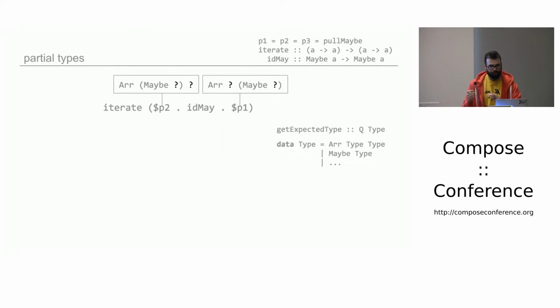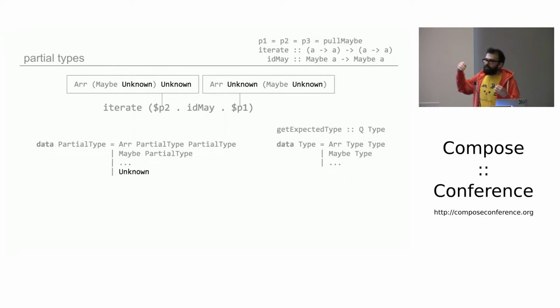All right, so we have this incomplete information that cannot be represented using the data type that I've introduced before, because we have those question marks. Instead, what we have is a value in a very similar data type, which has an extra constructor for the question marks that I'll call unknown.